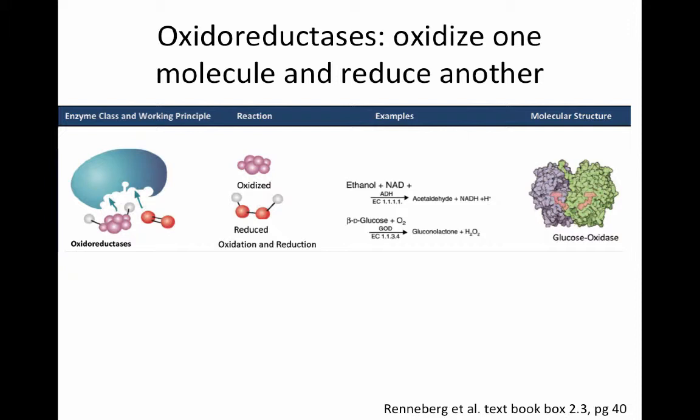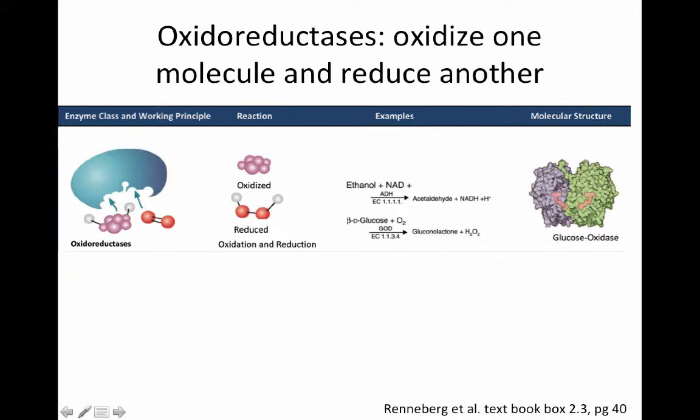First are oxidoreductases, and their main function is to oxidize one molecule and reduce the other. So here we have an oxygen molecule, and we have another molecule. We can imagine that this is beta-D glucose. These are cartoonized molecules, but we will imagine what they are for the purpose of explaining the functions.